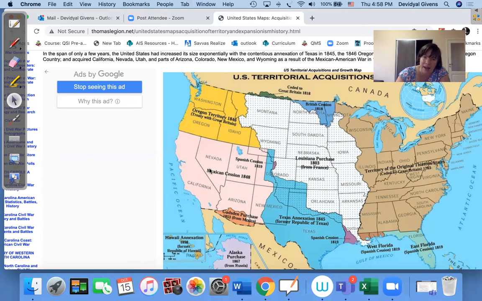It's way up at the top, up here. They bought Alaska from Russia. And there were some people that wanted all of Canada and all of Mexico, but it didn't work out. They kind of stopped there. They got their manifest destiny east to west. And it took about 100 years to go all the way across.